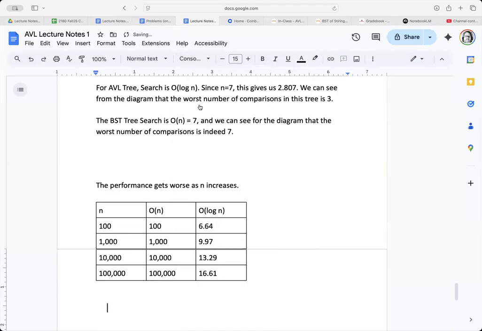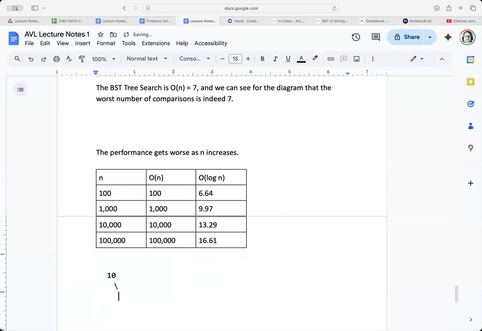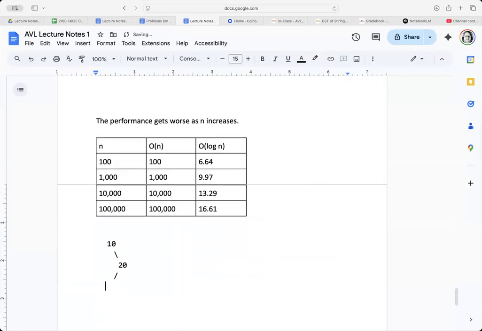say we have a root node of, say, 10. Okay. And we have a right child there of, say, 20, which has a left child of 15.